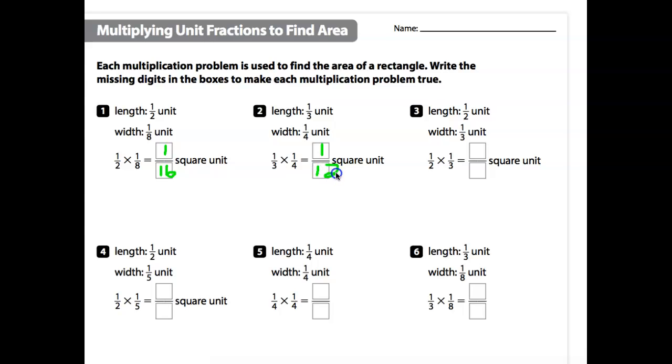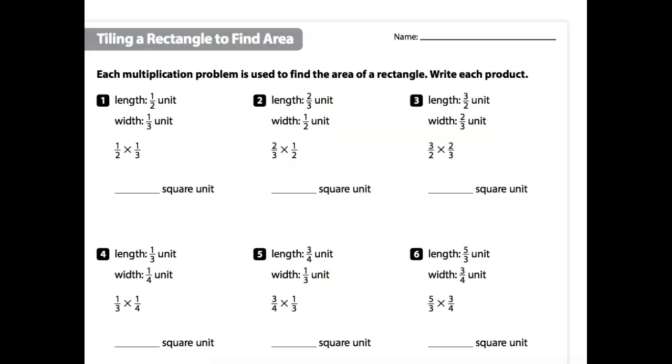That's all we're doing there. So I think that would be easy enough for you to do the rest on your own. Use your multiplication chart to help you and just multiply across. We aren't reducing here or anything like that. We're just multiplying across.